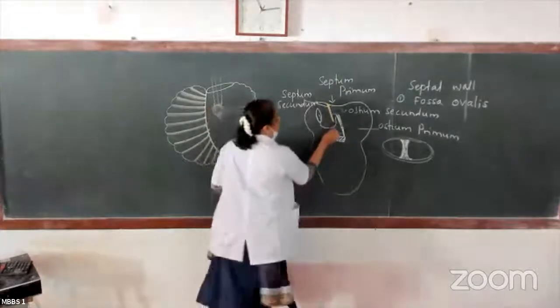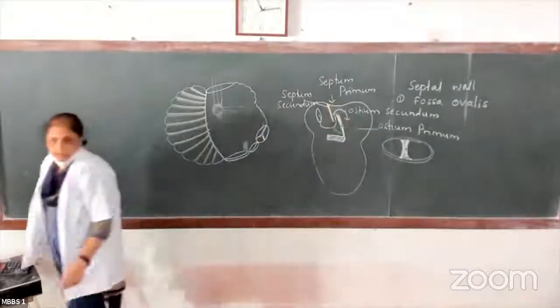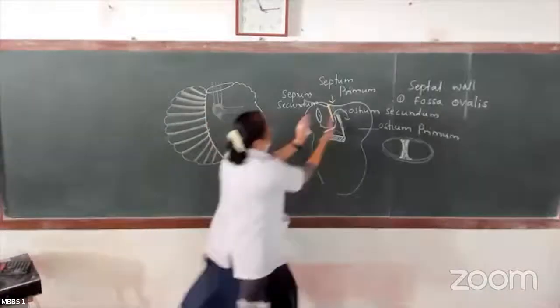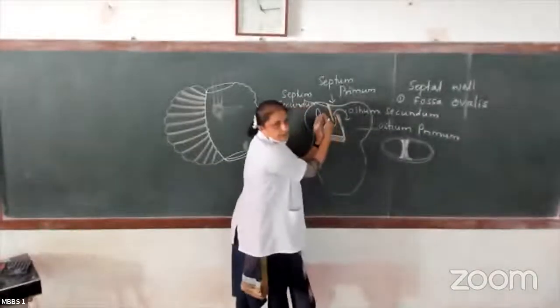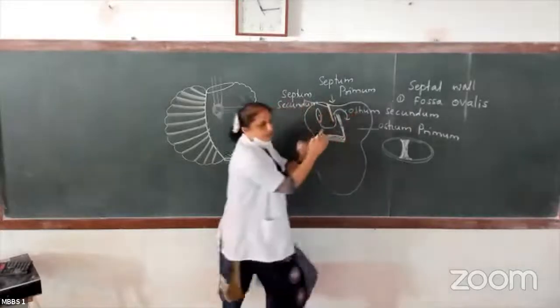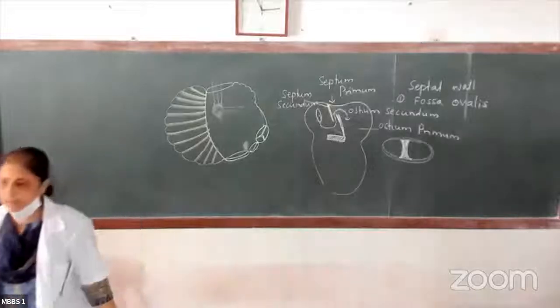The blood ascends here and then goes towards the left atrium. So these two septa act as a flap valve mechanism. If these two septa get closed, the blood passage will be closed. The gap is present in between, so the blood will flow here. Like that, the septum secundum has developed.